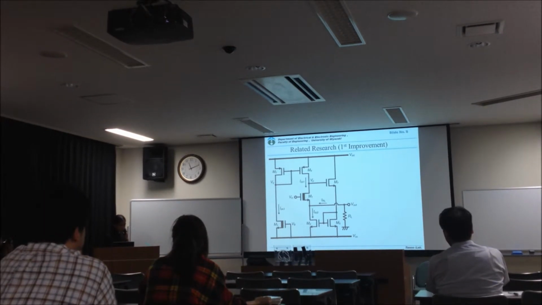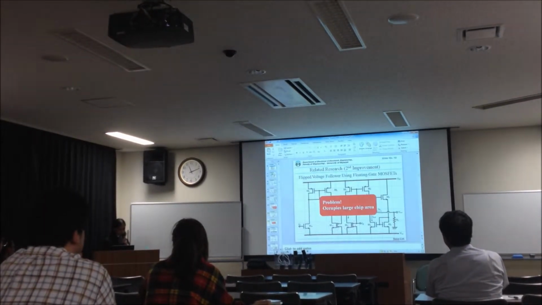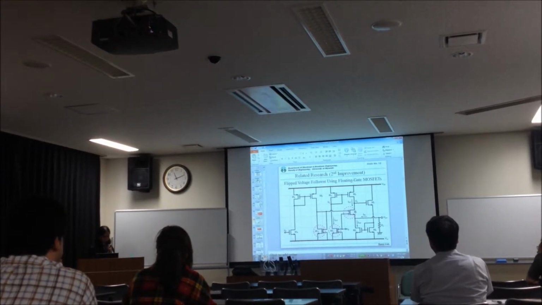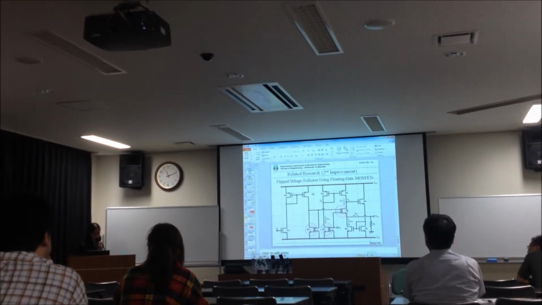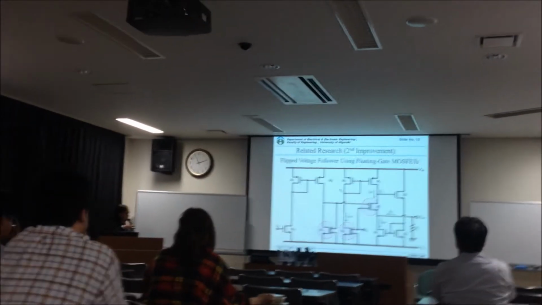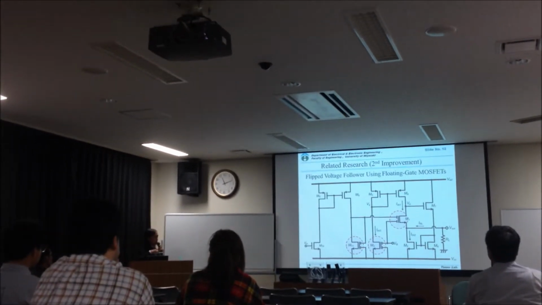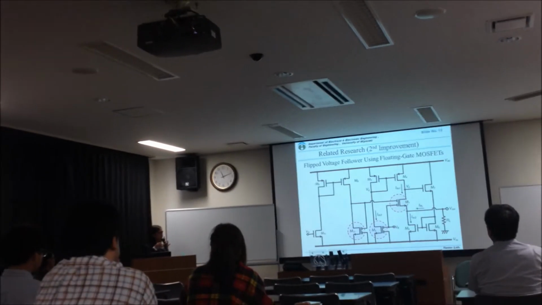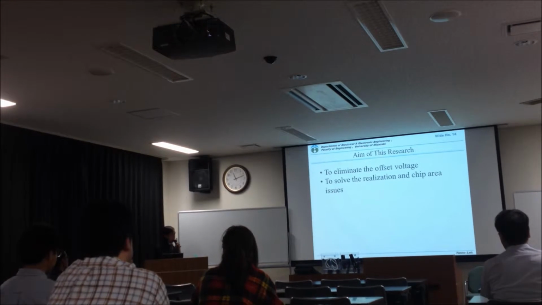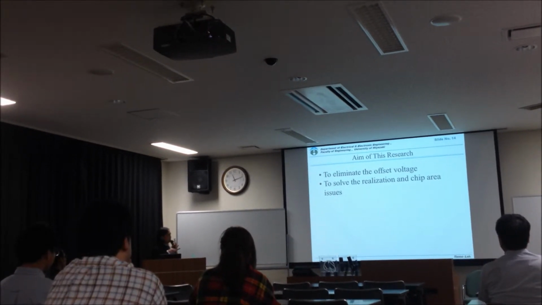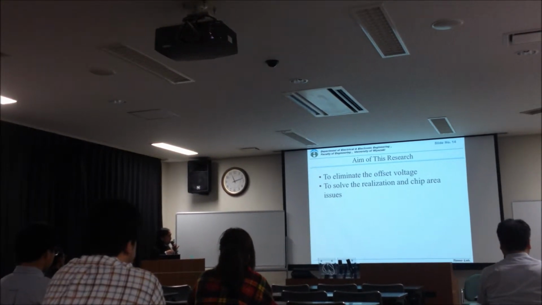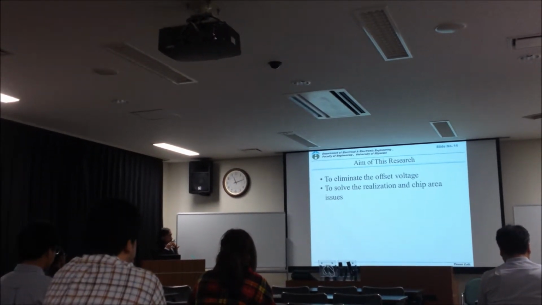And the next circuit is this circuit, using floating gate MOSFET. And the floating gate MOSFET needs a large chip area. So my aim is to eliminate the offset voltage, but in a way that can be realized, and also decrease the chip area.